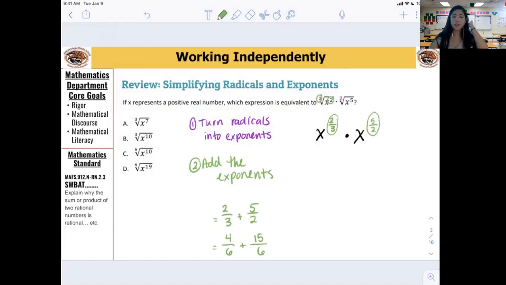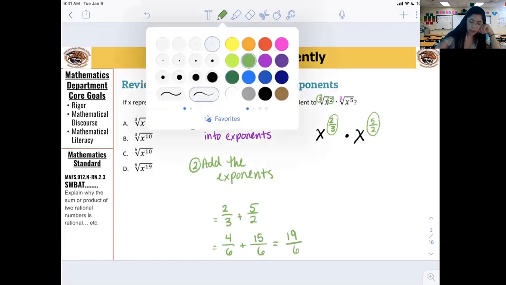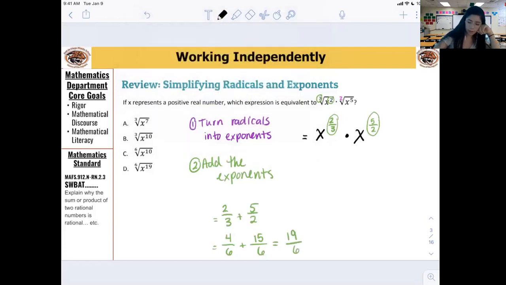Questions on how we got those numbers? Okay, so now we can add these up. 4 plus 15 gives me 19. 19/6. So I end up with x to the power of 19/6.